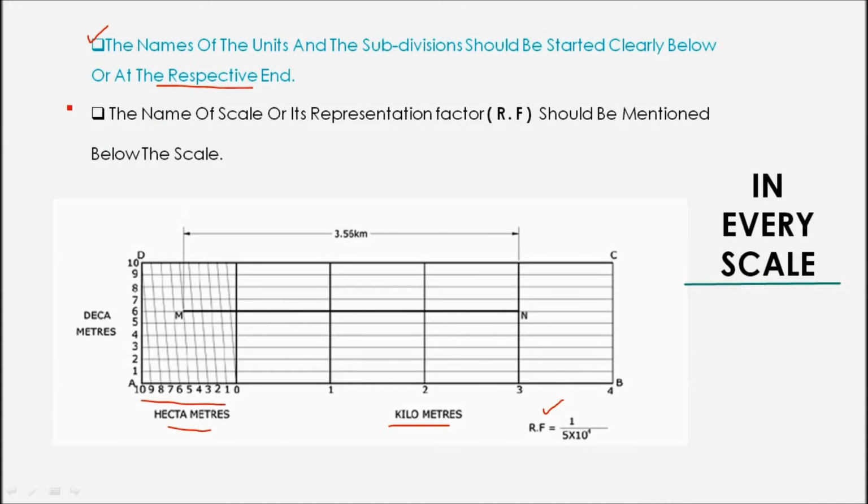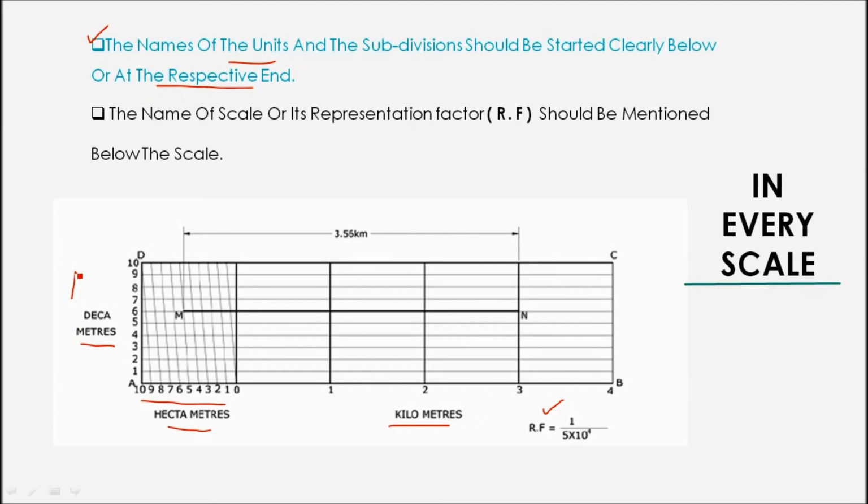The names of the units and the subdivisions should be stated clearly below, at the represented end. Here the names of the units are represented as kilometers, hectometers and decameters. Now the subdivisions should be stated clearly. So here we stated clearly 0 1 2 3 4 5 6 7 up to 10. Okay, and represented at one end.